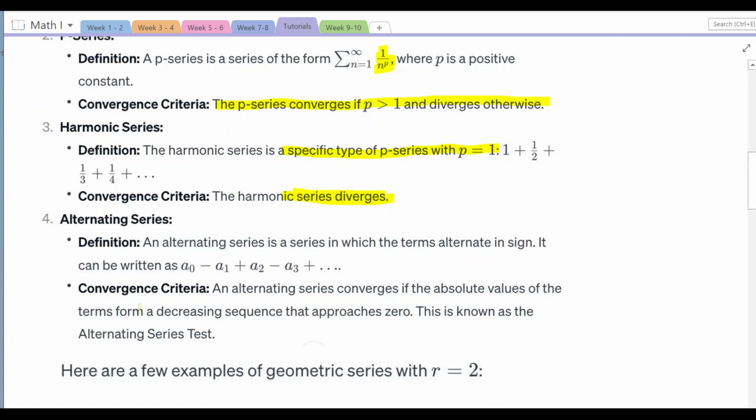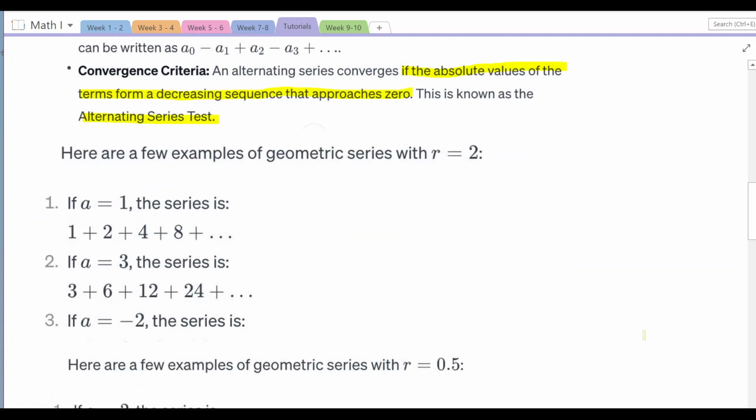An alternating series will converge if the absolute values of the terms form a decreasing sequence that approaches 0. This is known as the alternating series test, which I will explain further with an example in the following video.